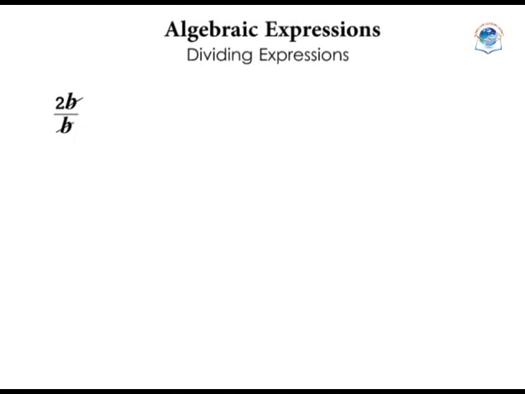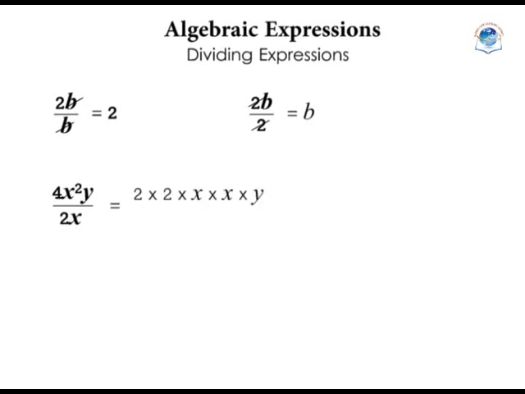And so the answer is 2. 2b over 2 means that 2 will cancel out and we remain with b. 4x squared y over 2x, this is equal to 2 times x times y over 2 times x. 2 cancels out, x will cancel out with 1x, and we remain with 2xy.